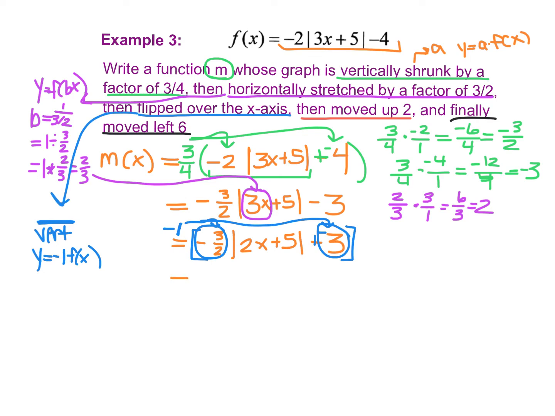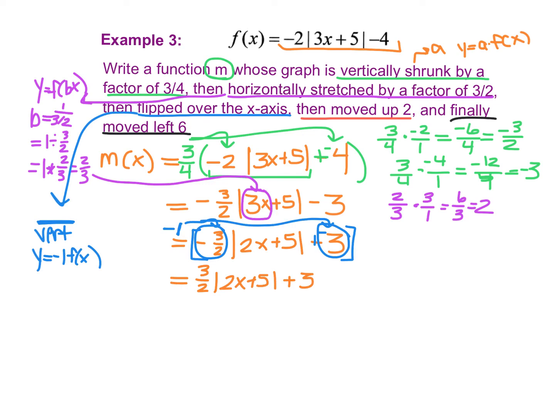So we end up with positive 3/2, then we have 2x plus 5 inside the absolute value, and then -1 times -3 turns that -3 into a positive 3. So notice that the a value out in front as well as the k value both flip to become positive as a result of that reflection.